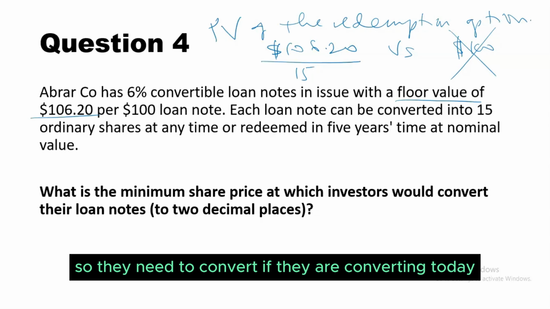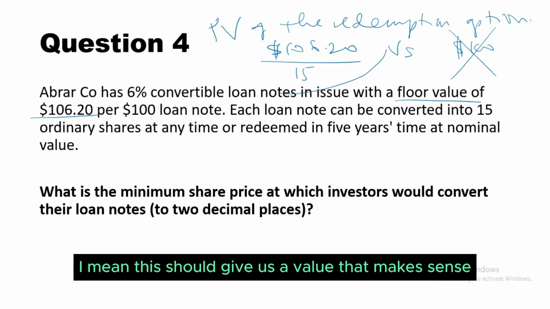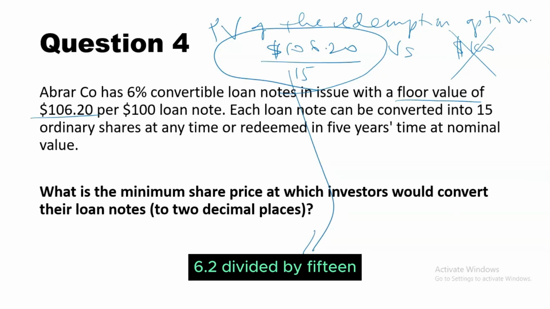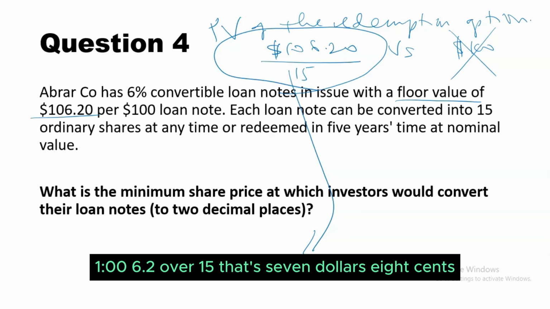If they are converting today, this should give us a value that makes sense. So the conversion value is now going to be 106.2 divided by 15. $106.2 over 15.